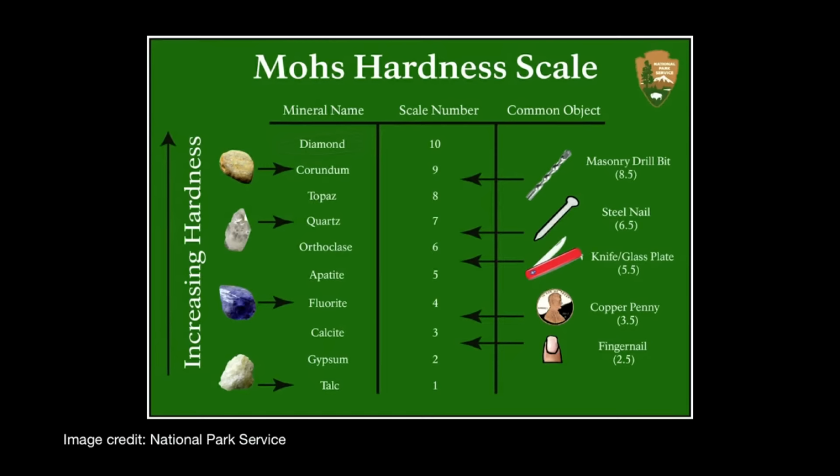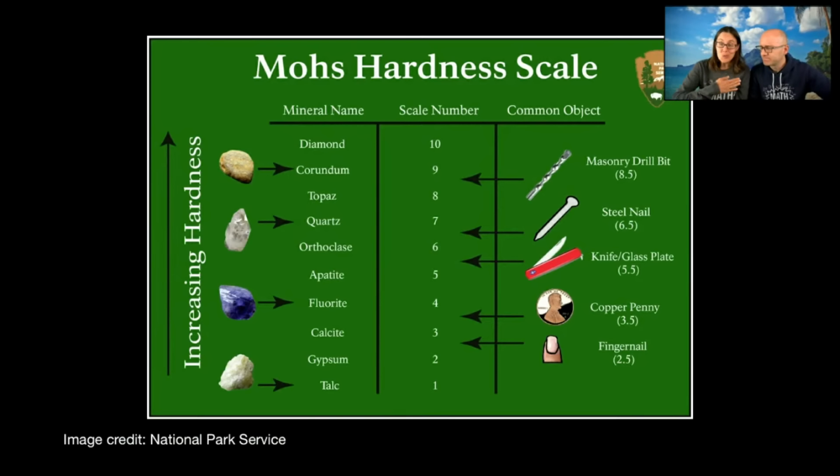Things like pearls. But steel nails fall in here somewhere. A glass plate, somewhere between a 5 and a 6. A copper penny, somewhere between a 3 and a 4. So a copper penny is actually somewhat soft compared to the other items on this list. Yeah, I usually think of coins as really strong, but it all depends on the coin.